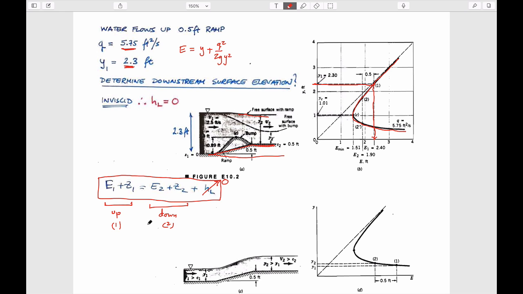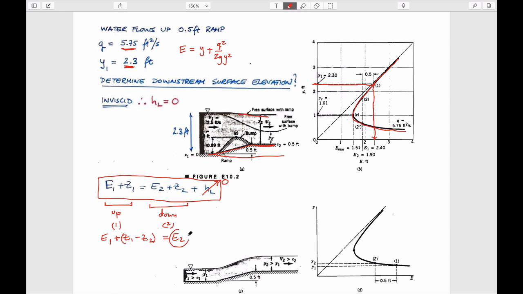And so what we could do is write the fact more conveniently: E1 plus Z1 minus Z2 is equal to E2.